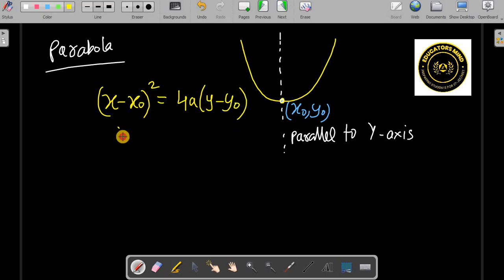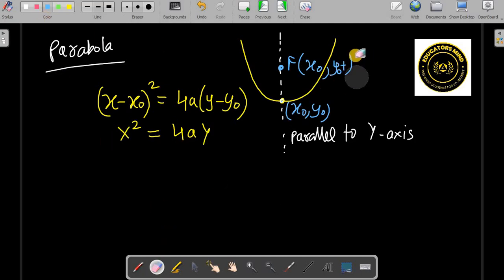So the equation is in the form of x square is equal to 4ay, but capital X is x minus x naught and capital Y is y minus y naught. In such a case also there is the focus f, and x is not changing, y is changing, so this will become y naught plus a.